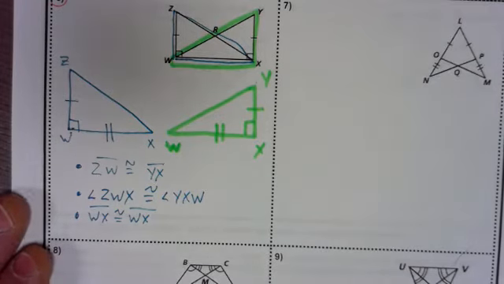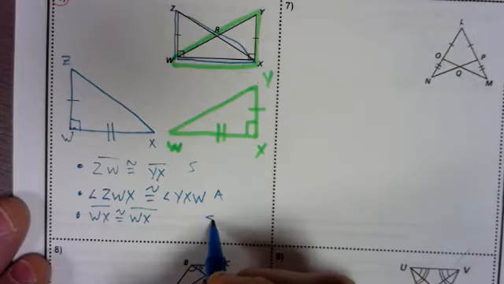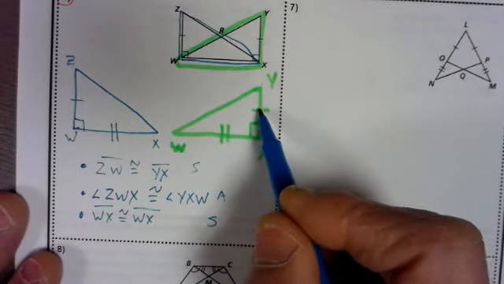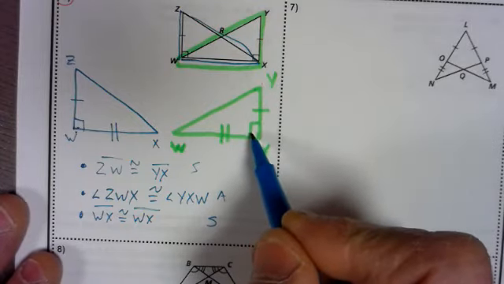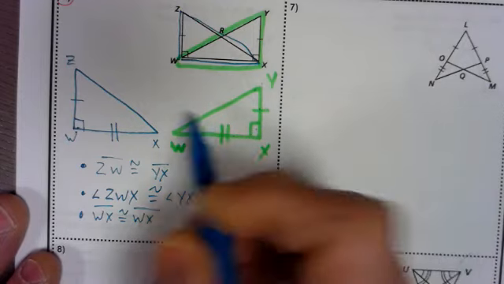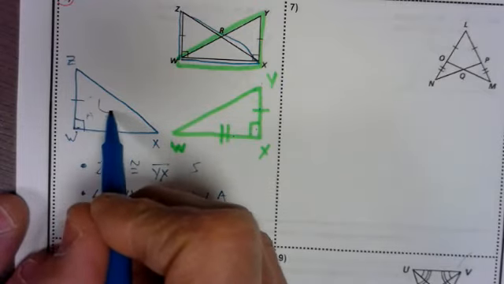So that's going to be my shared side. Now, this is a side, this is an angle, and this is a side. Now I've got to make sure that I'm in the right order, right? So I start at one of them, I go from my side. The next thing that I'm going to encounter as I slide along the triangle is that angle. And then the next thing after that's going to be a side. Side, angle, side. Same thing here. Side, angle, side. We go in that order.